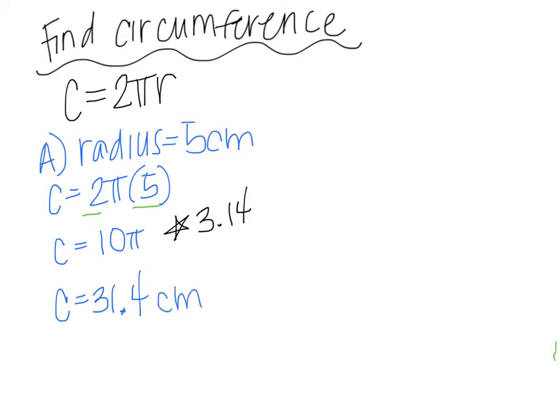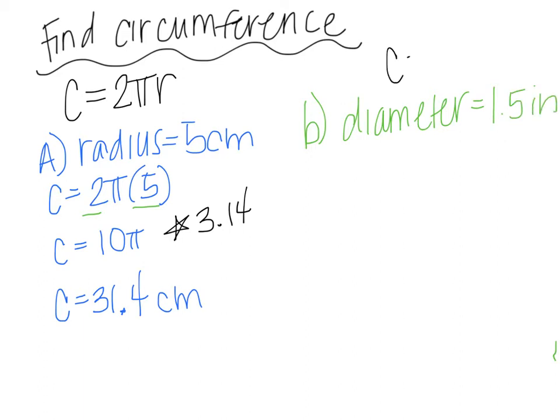Let's try another one. This time, I'm going to tell you that the diameter is 1.5 inches. So now we have to think, if I'm given the diameter, we need to use the formula pi times diameter.